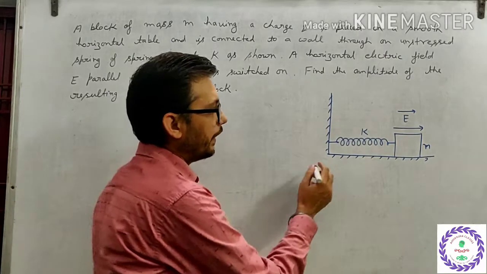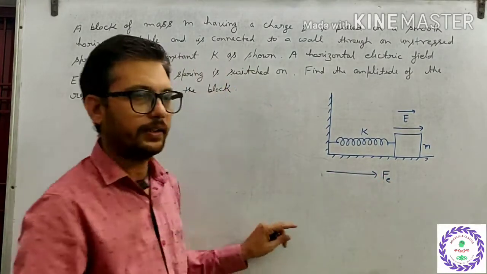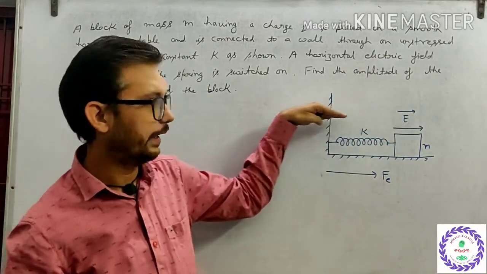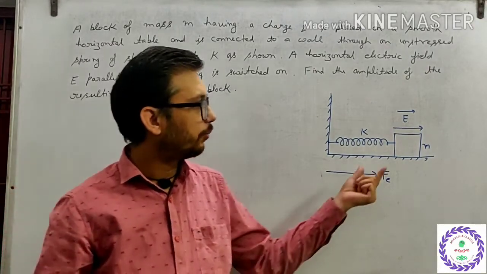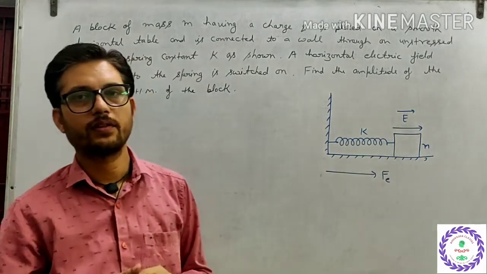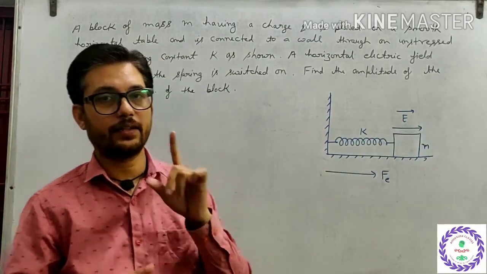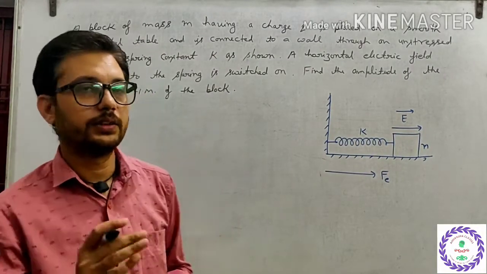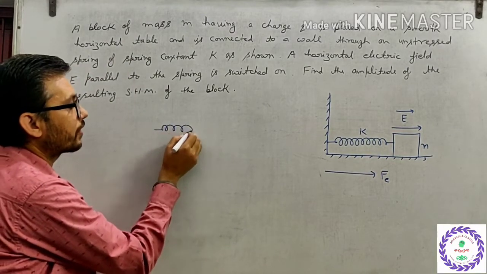So an electric force Fe will be directed in the direction of electric field, due to which a small displacement will be in the body. If the small displacement is x, then the new situation will be like this.